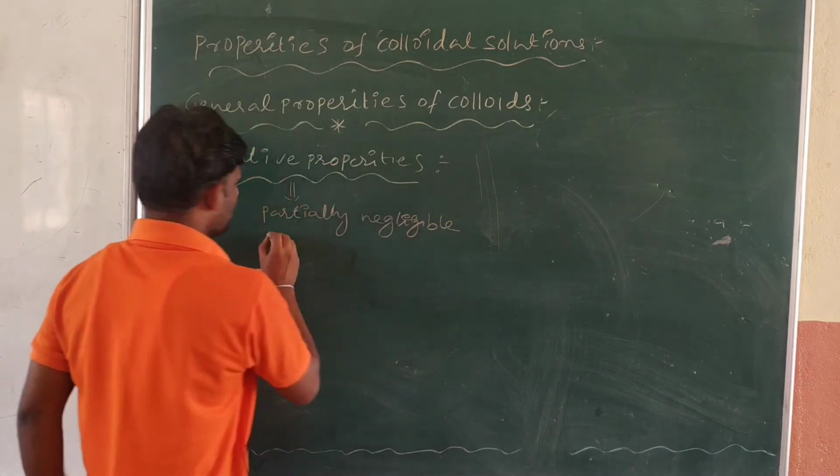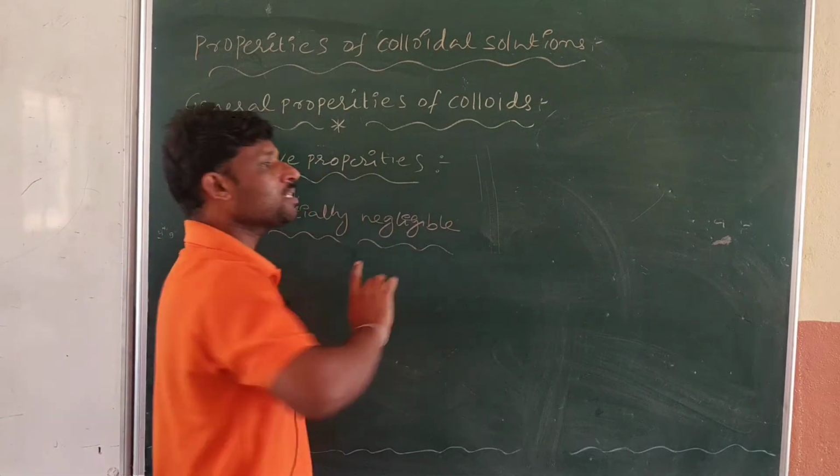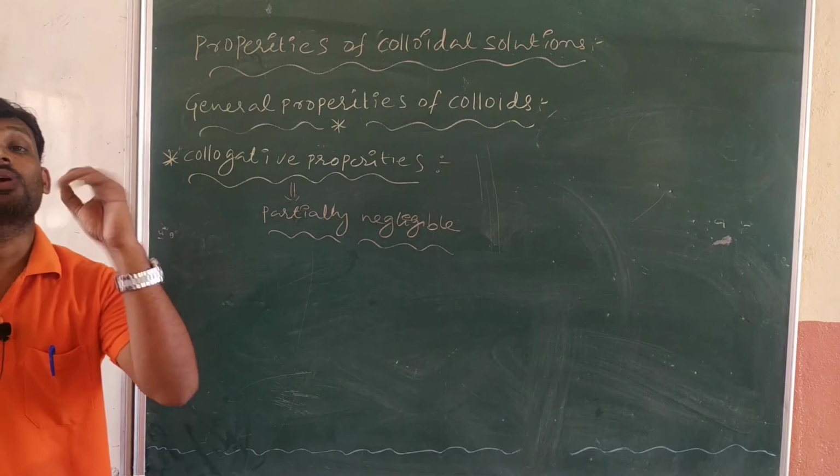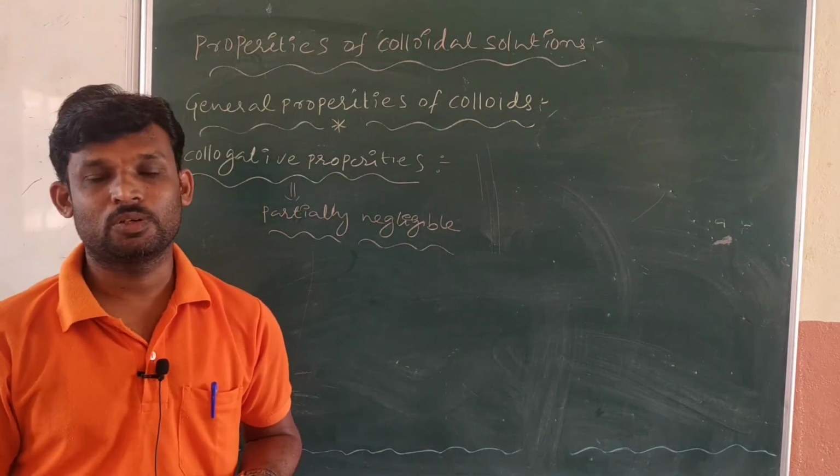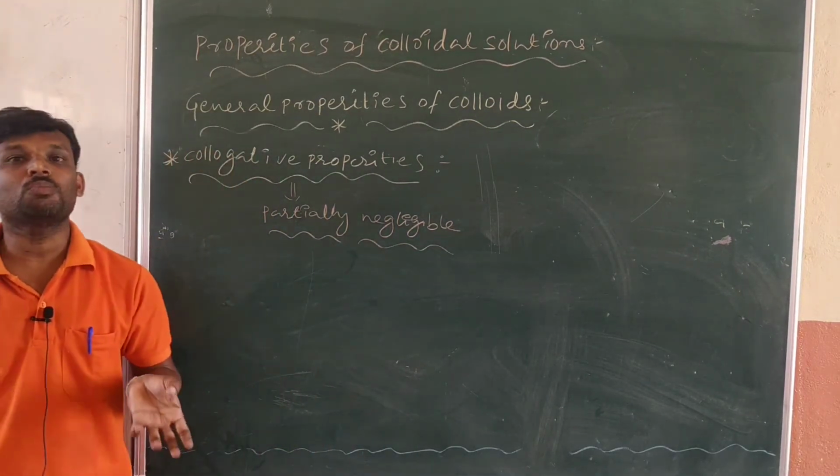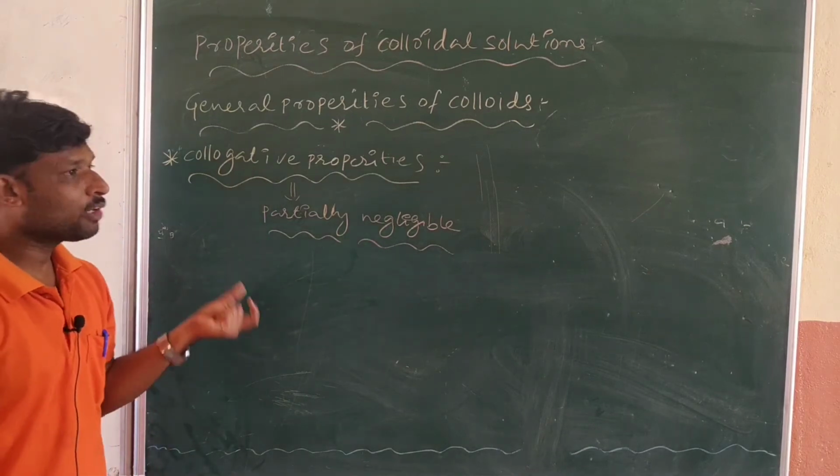Why are these partially negligible, sir? Because when we compare with true solutions, true solutions show more colligative properties.